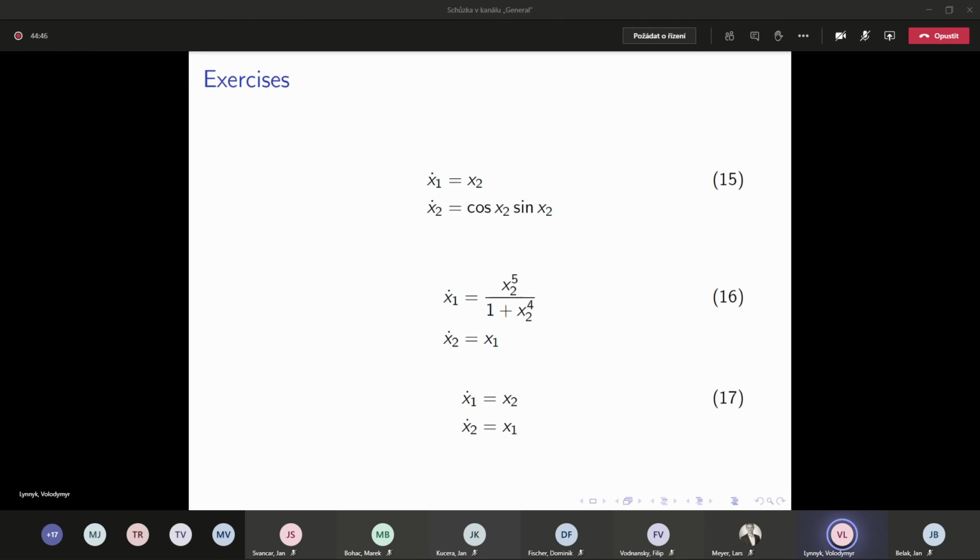Any ideas here? I'm still calculating the Jacobian. Okay.